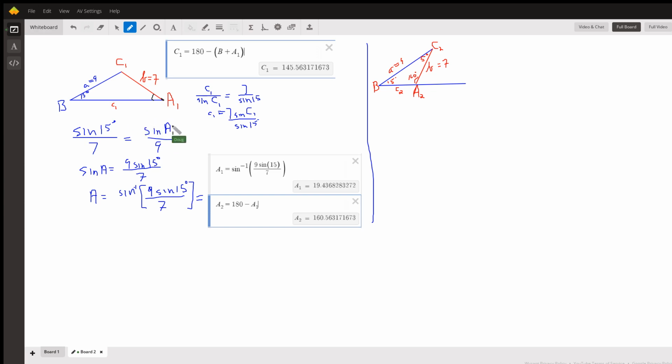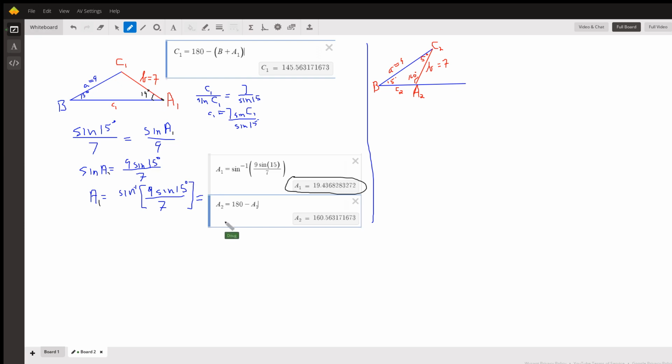So the sine of A sub 1 is equal to 9 sine of 15 over 7. So A sub 1 is equal to the inverse sine of 9 sine of 15 over 7. And that's this angle right here. So in this triangle, where A is acute, angle A is about 19 degrees.